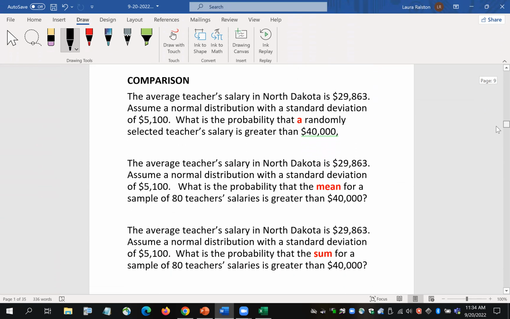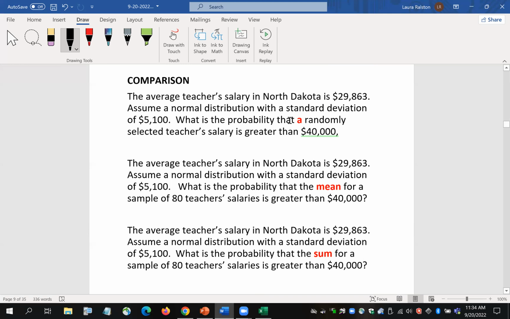If you go back and look from the previous lesson, you could have had a problem that looked like this. The average teacher's salary in North Dakota is $29,863. Assume a normal distribution with a standard deviation of 5,100. What is the probability that one randomly selected teacher's salary is greater than 40,000?